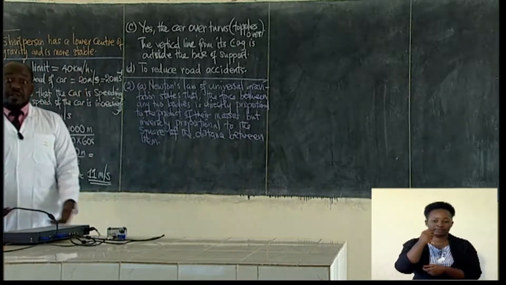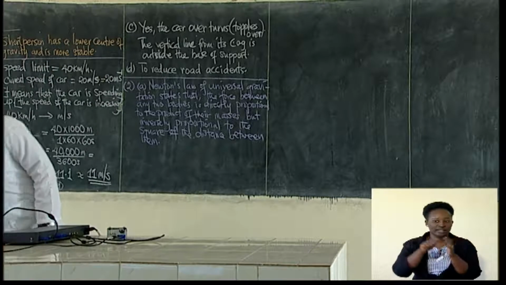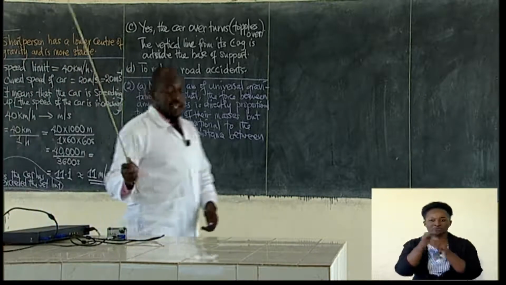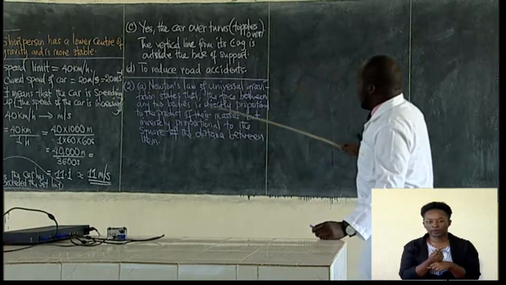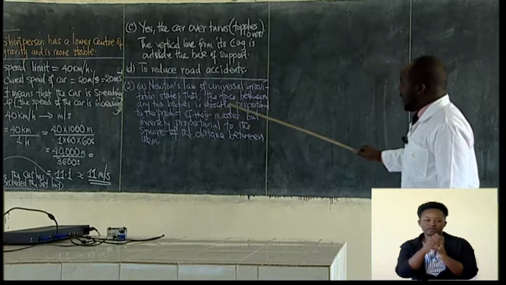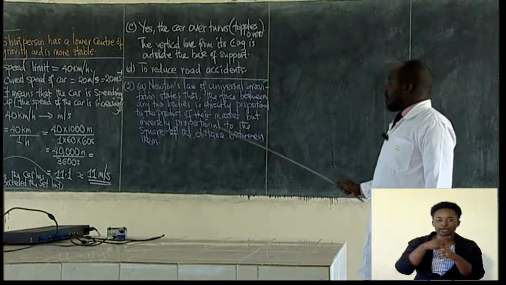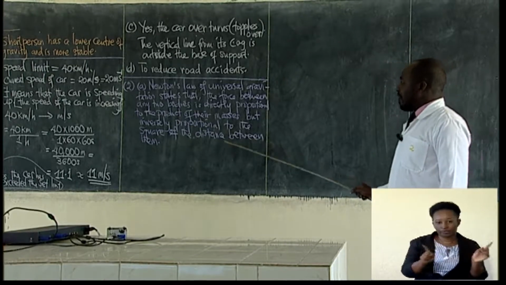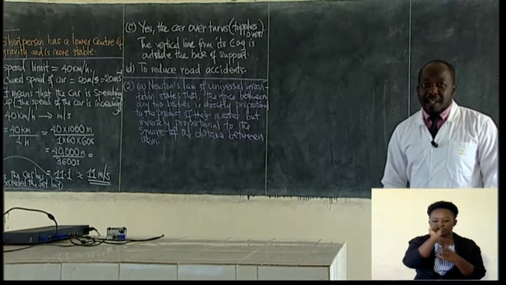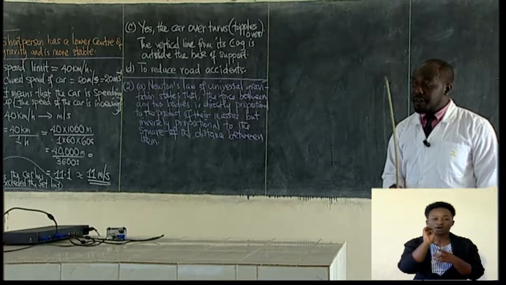Okay? That's what we said. We mentioned that very many times: the force between any two bodies is directly proportional to the product of their masses, but inversely proportional to the square of the distance between them. That is Newton's law of gravitation.